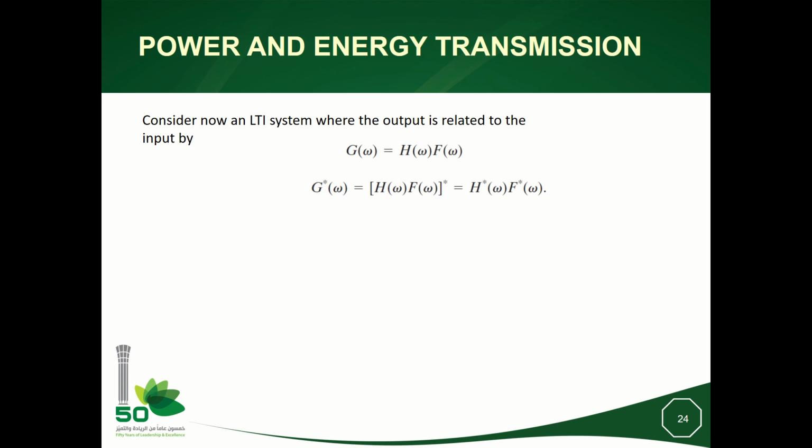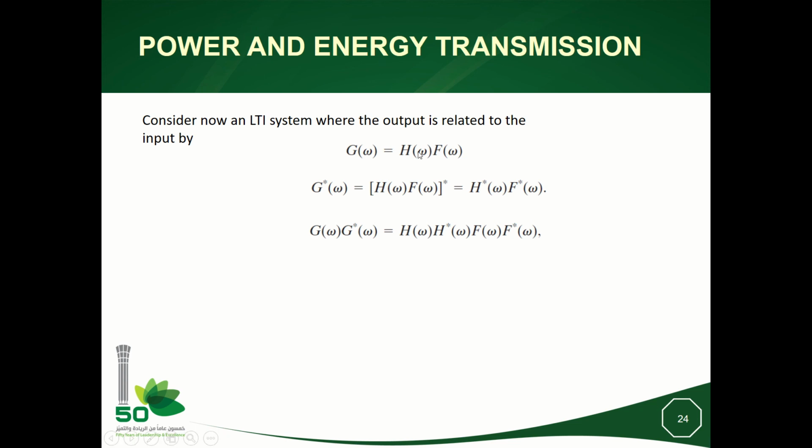Now let us consider a linear time invariant system whose input is f(t) and output g(t), and we will call H(ω) the Fourier transform of the impulse response of the LTI system.